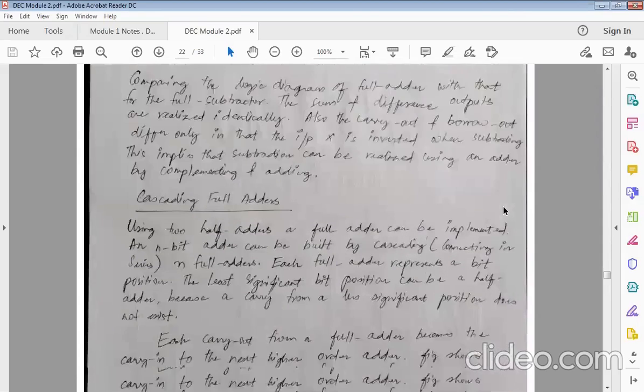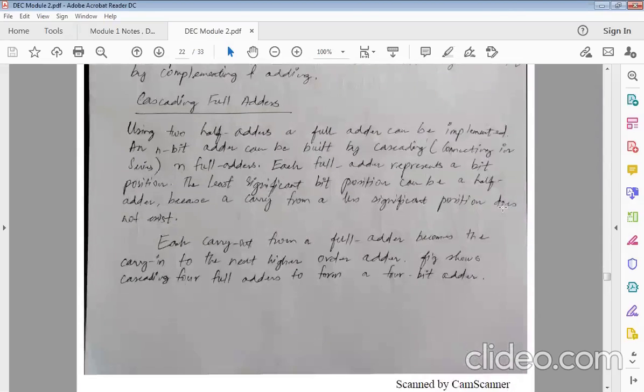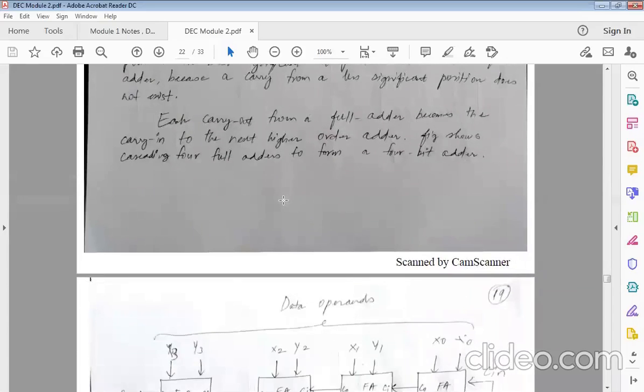Fine. So today we will take this full adder and try to cascade them, put them to task, and see how best we can use them for further enhancements.